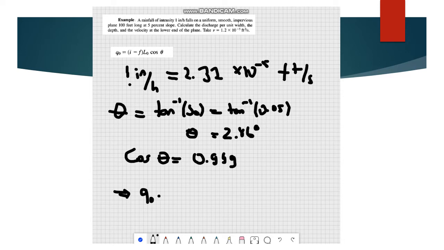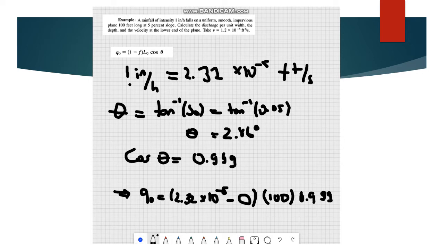q0 is equal to 1 inch per hour, which is 2.32 times 10 to the minus 5, minus the infiltration rate, which is 0 because it's impervious. The length is 100 feet, so we multiply by 100, and then by cosine theta, which is 0.999.